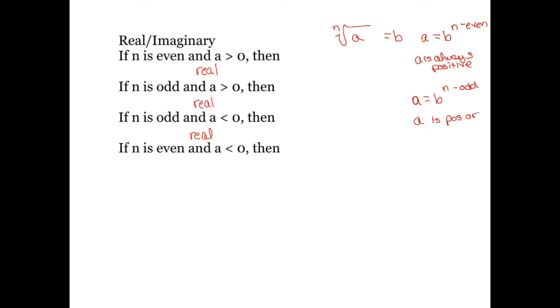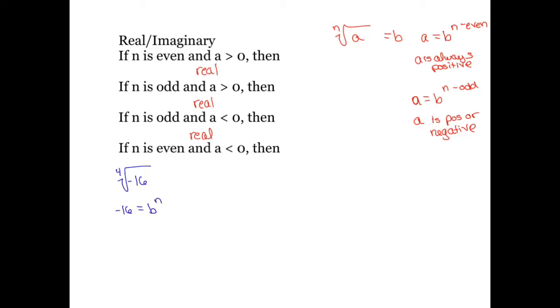And then finally, this last one right here, if n is even and a is less than 0, well, if we go back to this reference right here, where n is even, a is always supposed to be positive. So if we are setting up a problem like the fourth root of negative 16, we know that we can't have negative 16 equal to b to the n power.